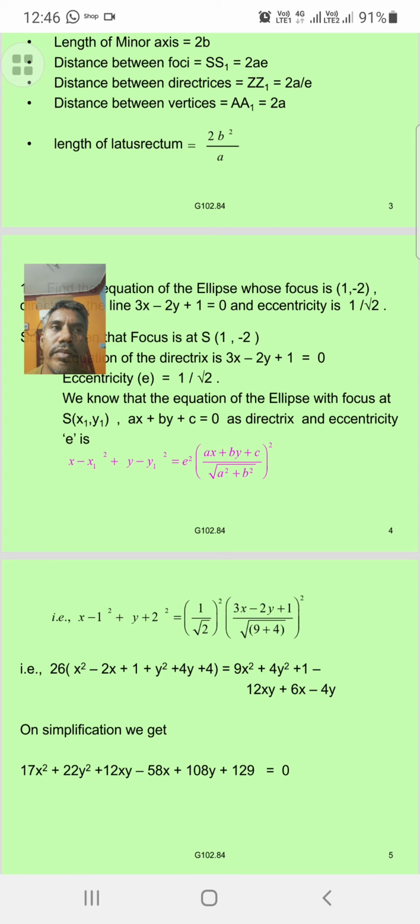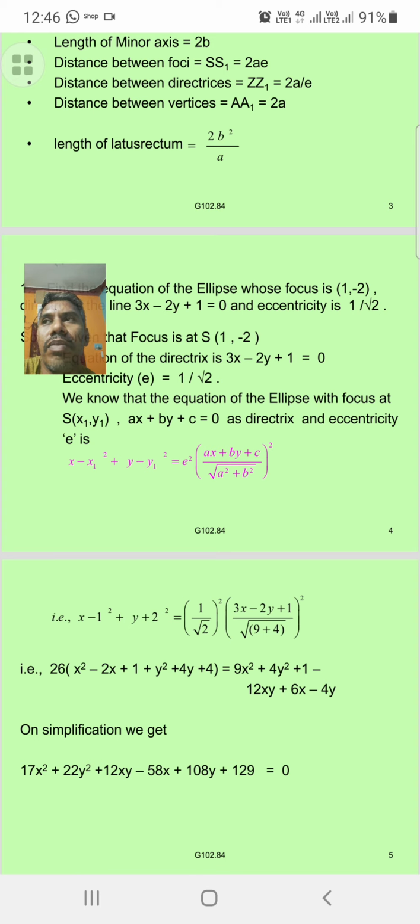Sometimes the equation is not given, only elements, and sometimes the elements are also not given clearly, but as a particular condition, like so-and-so length equals so-and-so distance.